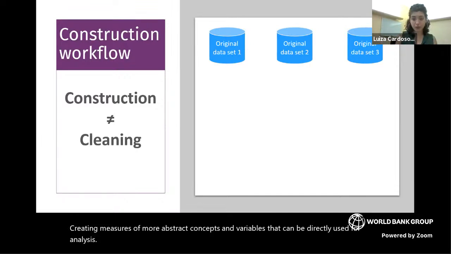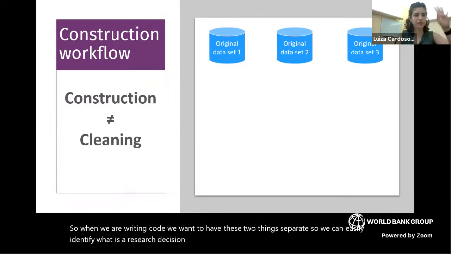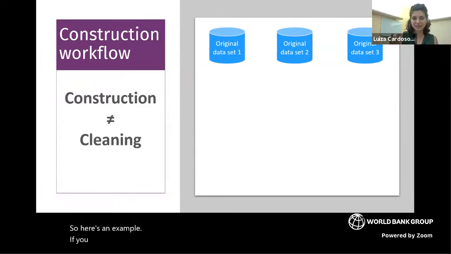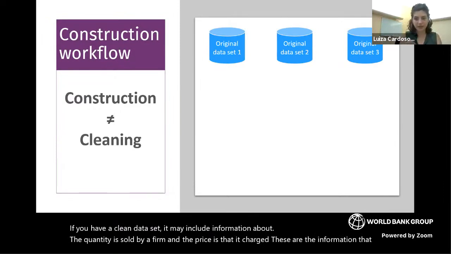So when we are writing code, we want to have these 2 things separate, so we can easily identify what is a research decision and what is just a matter of which software you are using. So here's an example. If you have a clean data set, it may include information about the quantities sold by a firm and the prices that it charged. These are the information that you observe directly.